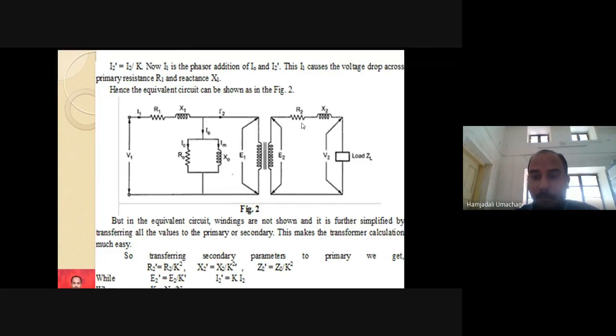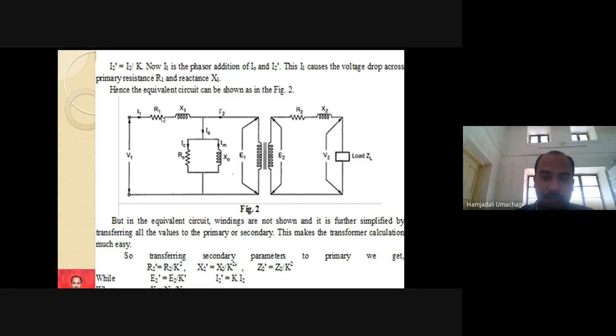Means I'm moving in the backward direction. Or else I can transfer primary side parameters, that is V1, I1, R1, X1, I2 dash, I0, IC, IM, R0, X0, E1, all parameters pertaining to the primary side, to the secondary also.